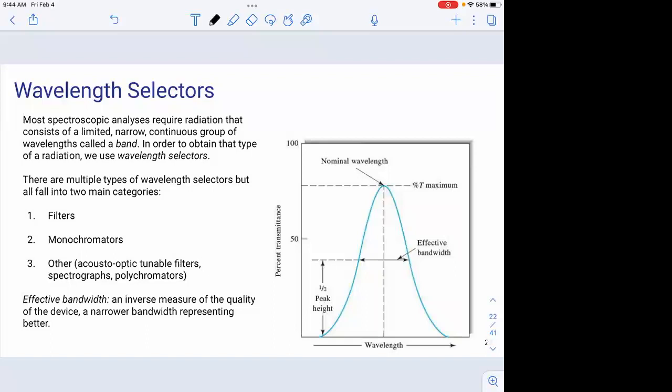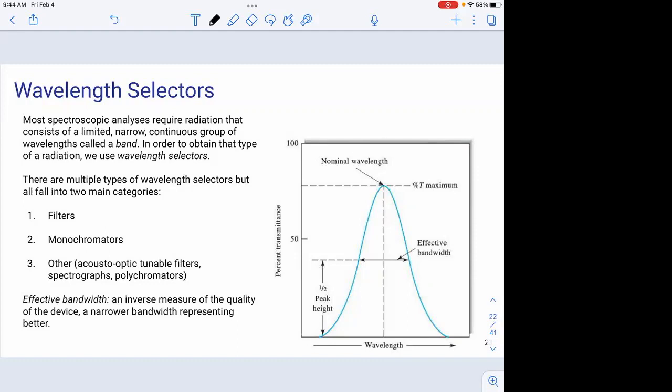The next thing we need to talk about are wavelength selectors, and we're going to talk about 2 major kinds. Wavelength selectors are critical in optical spectroscopy, mostly because we require in those measurements that radiation consists of a small, narrow, continuous group of wavelengths that we call a band. In order to obtain that kind of radiation, we use these wavelength selectors.